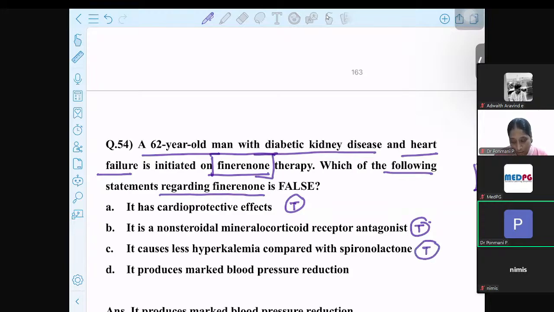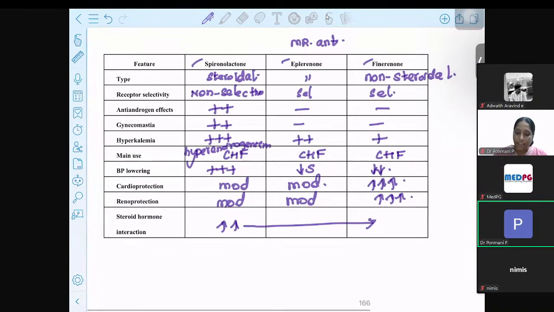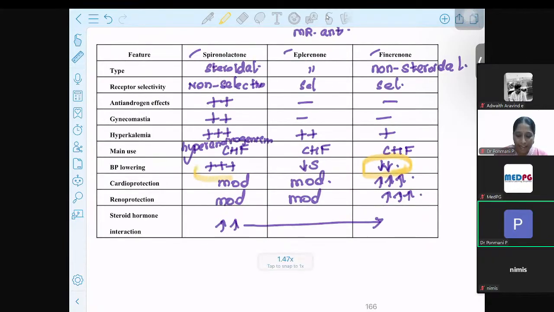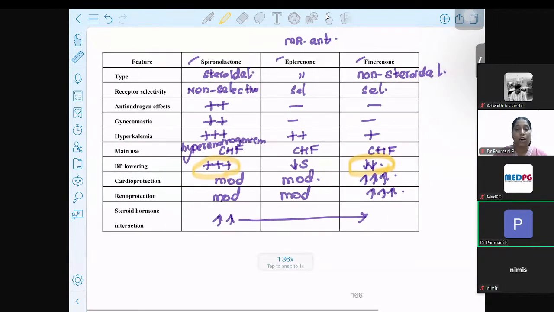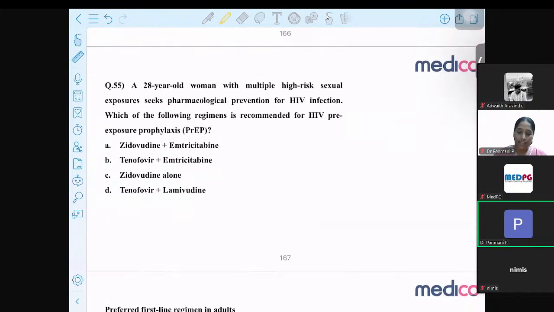This is also true. It produces marked blood pressure reduction. This is what is false, because what did we see? We saw the blood pressure reduction is lowest with finerenone, and it is very high with spironolactone. So this is the major difference.